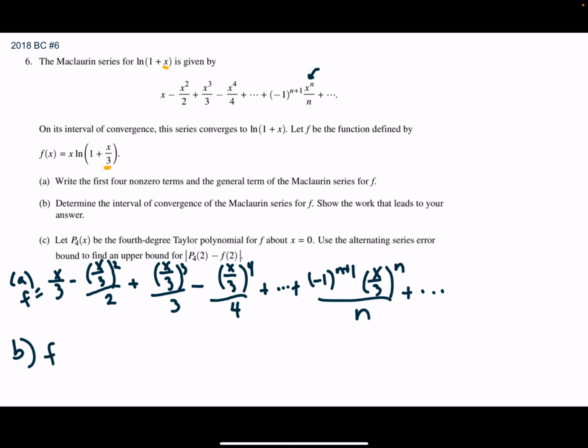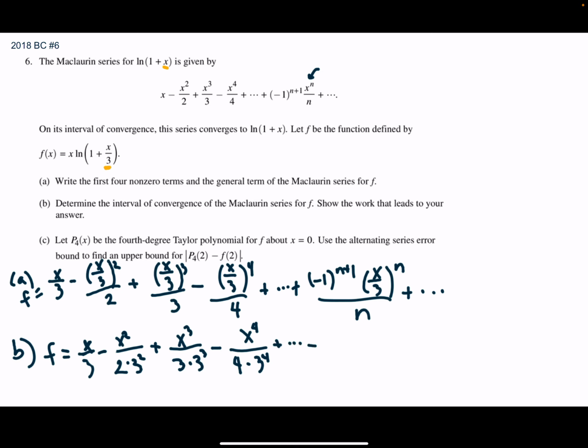So I'm going to now say, okay, I have x over 3 plus x squared over 2 times 3 squared plus x cubed. Oh, I'm sorry, I had a minus back here and I made it a plus. Plus x cubed over 3 times 3 cubed minus x to the 4th over 4 times 3 to the 4th.